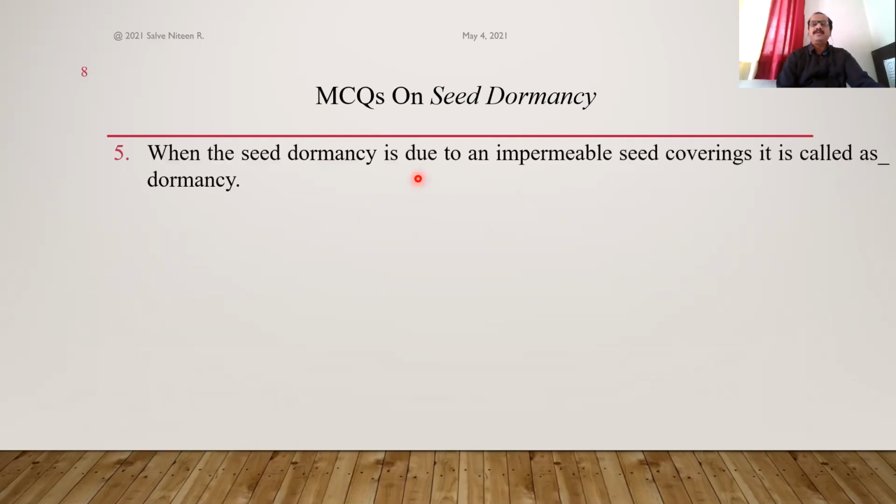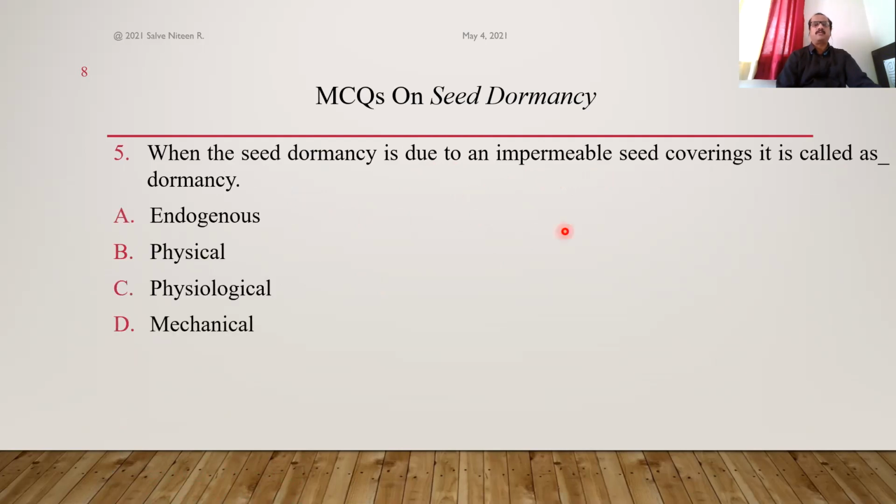When the seed dormancy is due to impermeable seed coverings, due to impermeability of seed covering, then what type of dormancy is it called? Seed coverings means not only the seed coat, but also whatever is present outside the seed. It may include the fruit, because the seeds are present in the fruit.